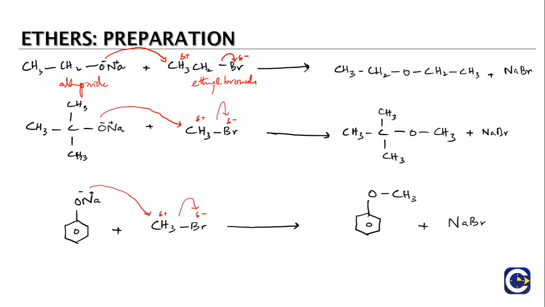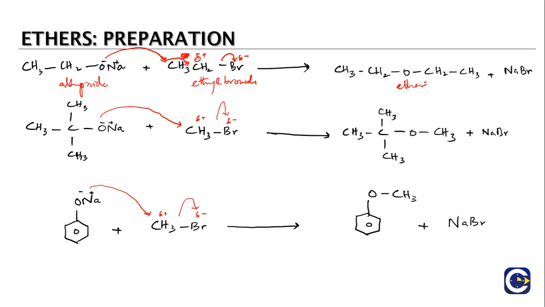In this reaction, again, the oxygen being negatively charged attacks the carbon, which has a positive charge. The delta positive charge will be on this carbon, not this, because this is directly attached to bromine. So the attack will be on this carbon, and the resulting ether will be this one.